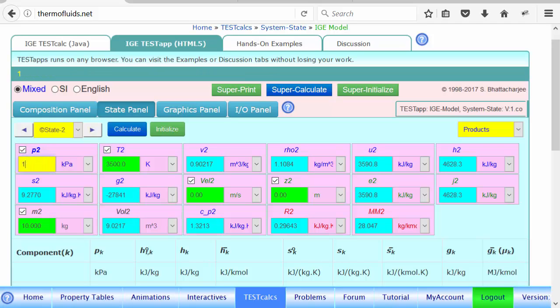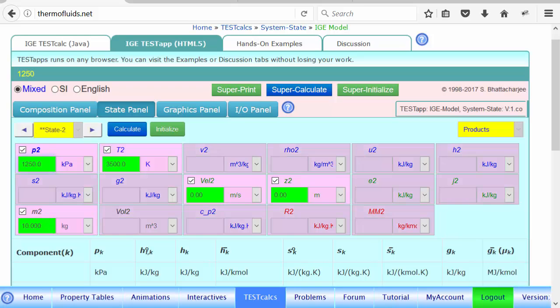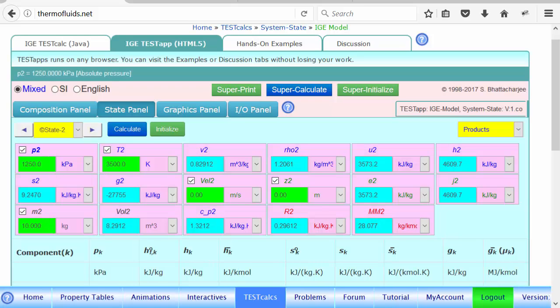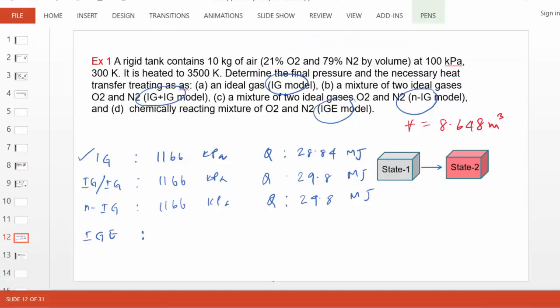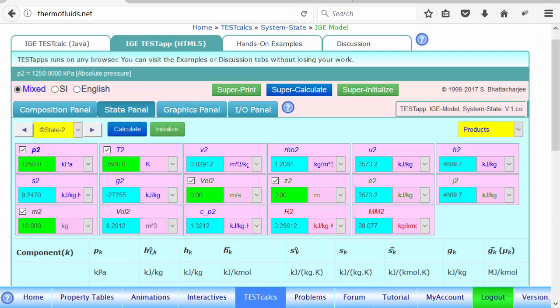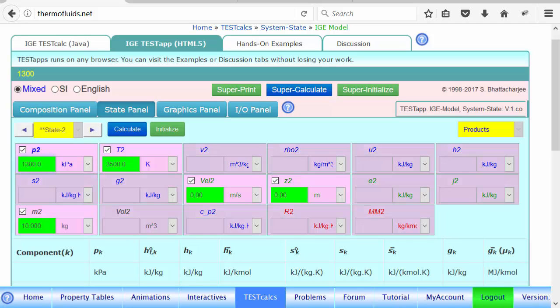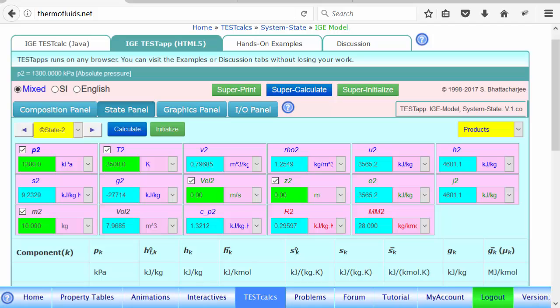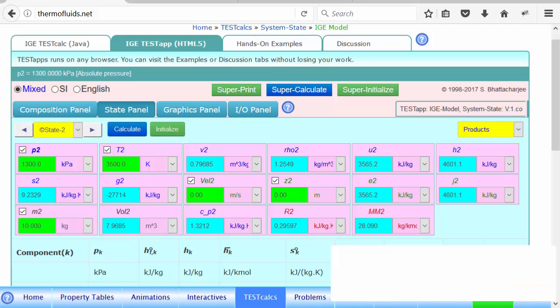So we'll go for 1250, let's say. And you get the idea, 8.29, and what we are after is 8.64, so we have to go even a little bit higher. So it produces 7 point.